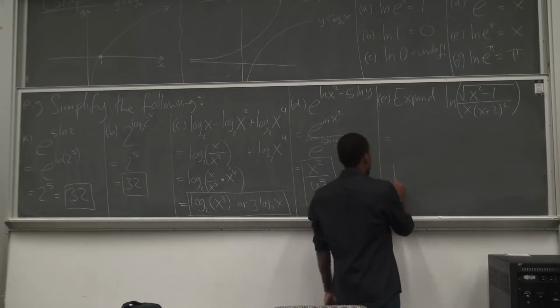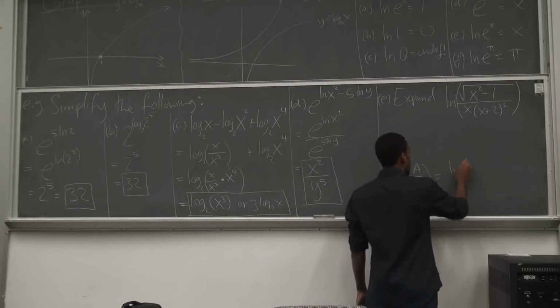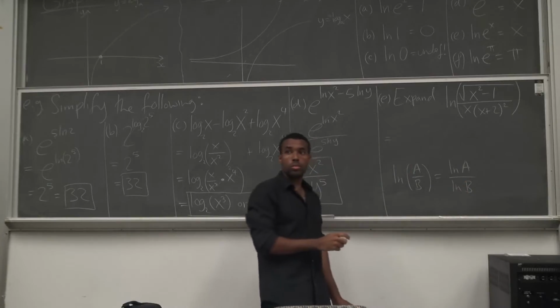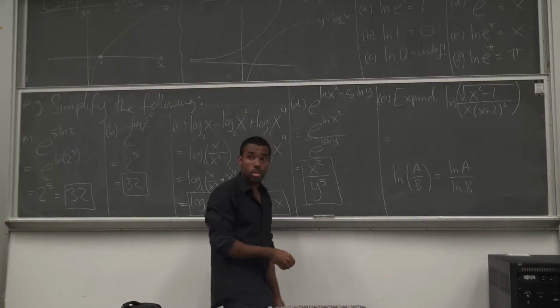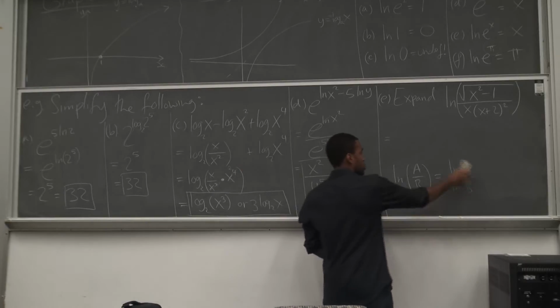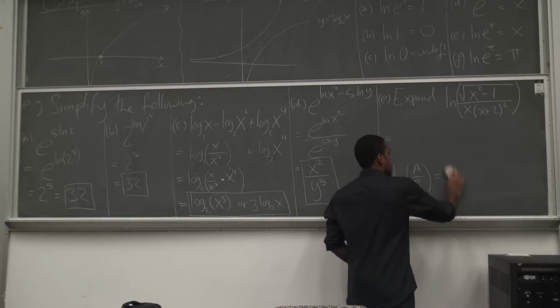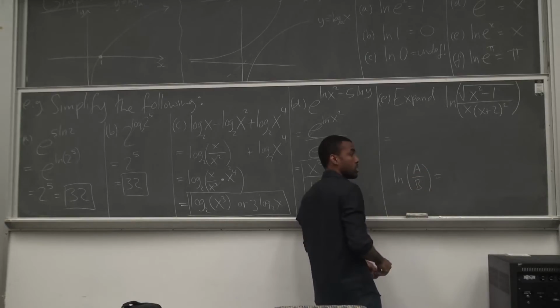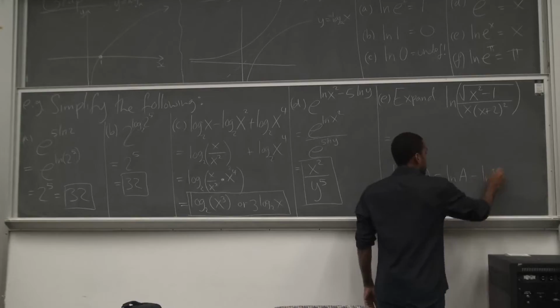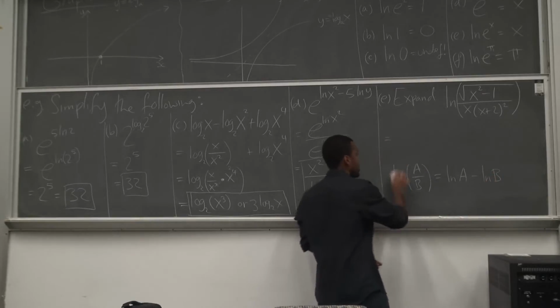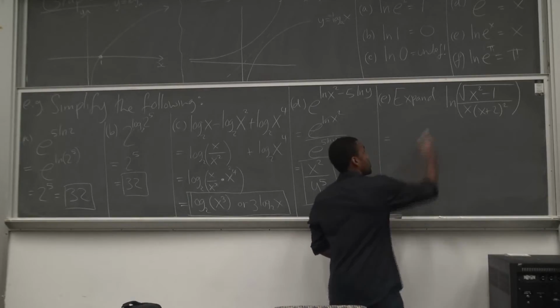In other words, what you're saying is ln of a over b is the same as ln of a over ln of b. That's not true. So you wouldn't take the ln of the top and the bottom. What does the rule say? If I have ln of something divided by something, what is it? Subtract. It's ln of the top minus ln of the bottom. Okay, that's the rule. Alright, so first step.